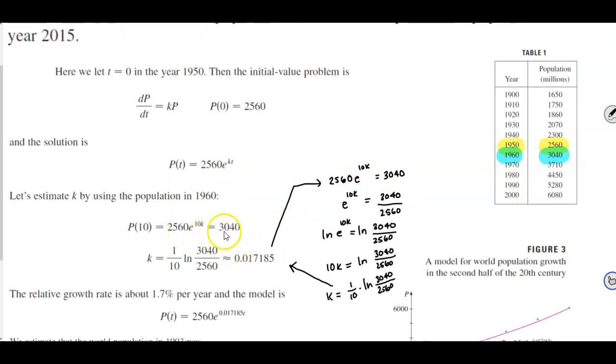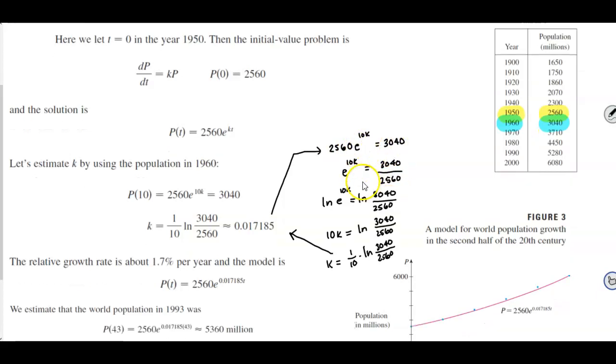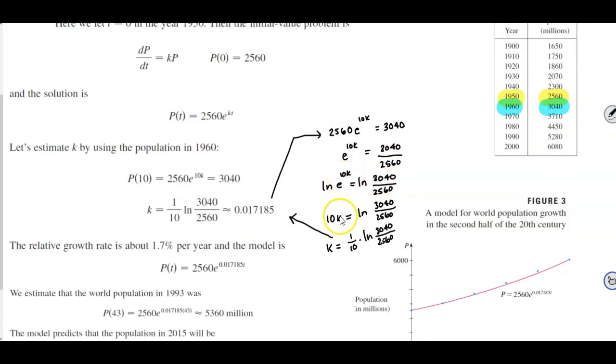So now we have this equation, and now we need to solve for k. So the equation gives us 2,560 e to the 10k, which is equal to 3,040. We divide both sides by 2,560. In order to get the exponent, we would take the natural log of both sides.